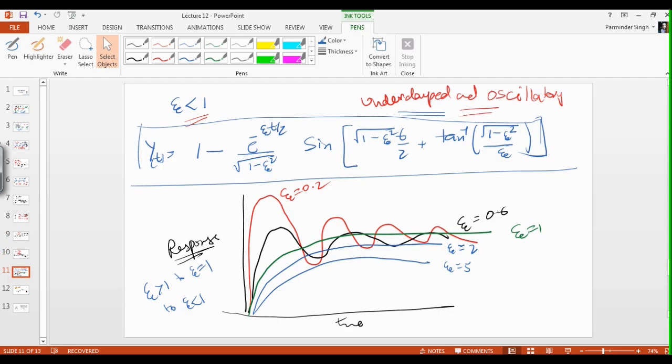Clear? So in the next lecture we're going to take another case where we give an impulse input, and we're going to try to understand the different parameters for the underdamped system, because in underdamped we have oscillations, whereas in critically damped and overdamped we do not have oscillation.